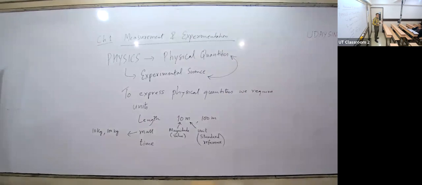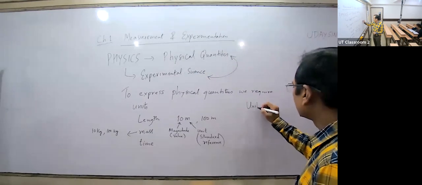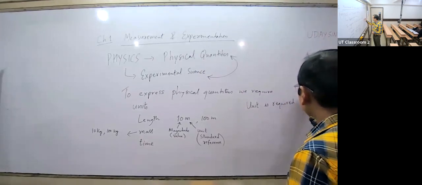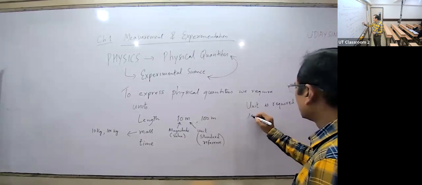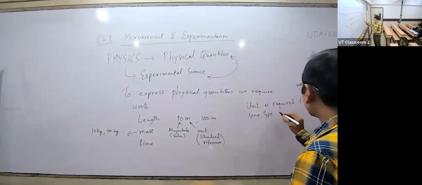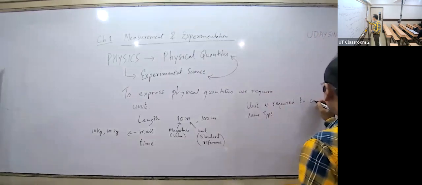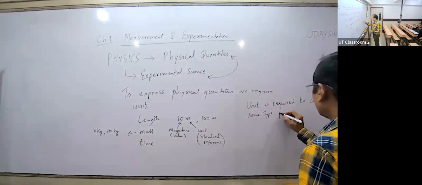We need to measure things to compare amongst the same type of quantity. Is that clear? So a unit is required to compare the same type of physical quantity.